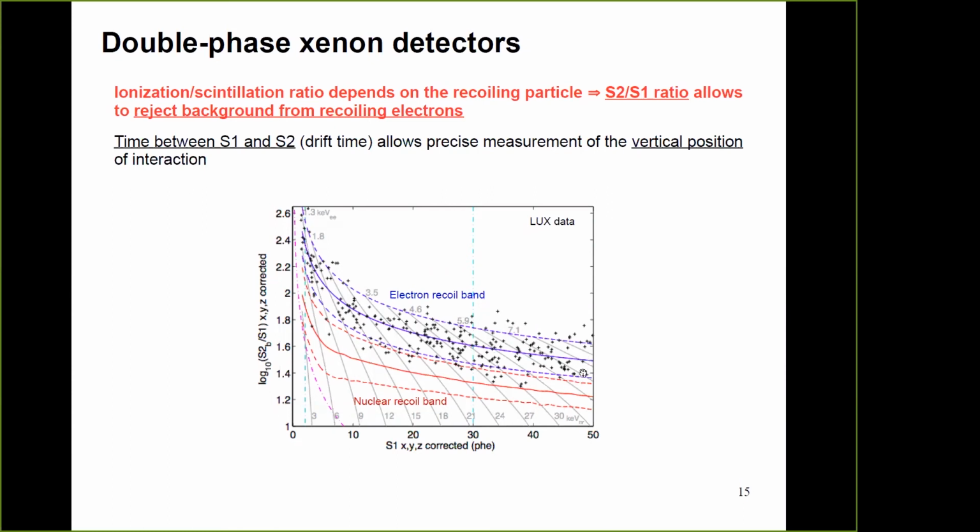And then we have a band that we obtain with calibration data, corresponding to nuclear recoils. And we see here that it's emptier. It's basically leaking from the electron recoil band, events that extend towards the nuclear recoil, and those are events with suppressed S2.